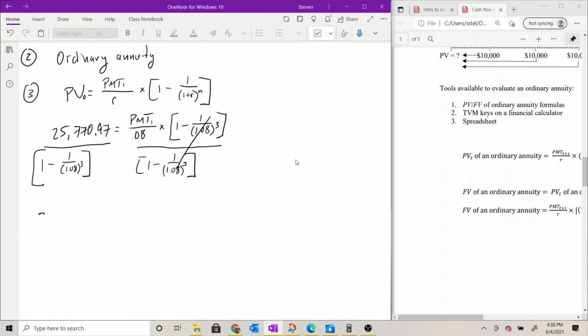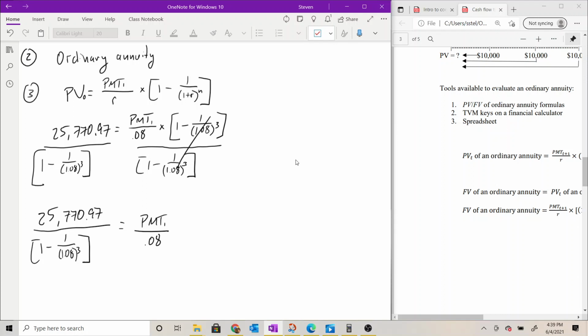And on the left-hand side, we are left with 25,770.97 divided by that big old quantity of 1 minus 1 over 1.08 cubed. And all that is equal to the payment divided by 0.08.